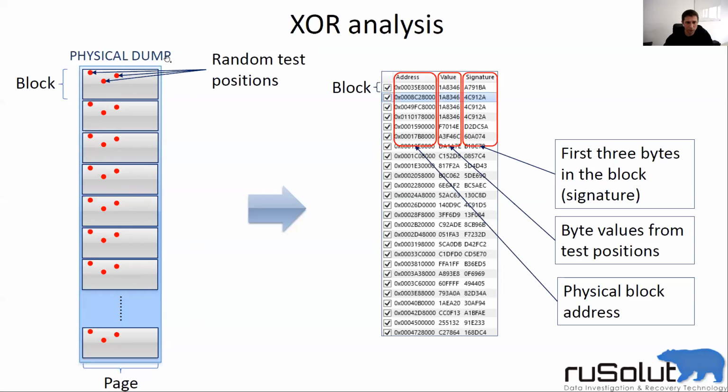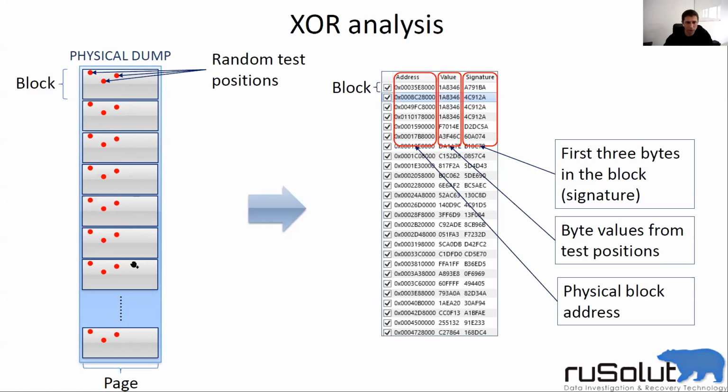But sometimes, let's say that we have just one block with zeros within the whole dump. In this case, we won't find this block, right? Because the software will take 3 test positions from this block, and if there is just one block with zeros within the whole dump, we won't be able to find a similar one.